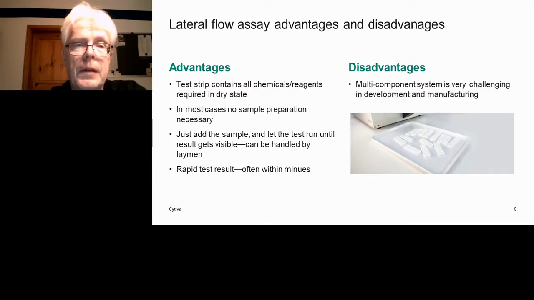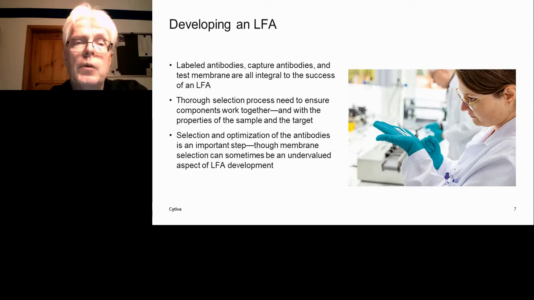When you develop an LFA, labeled antibodies or affimers, aptamers, other binders like streptavidin or neutravidin, capture binders, and the test membrane are all integral to the success of a lateral flow assay. And that means you have to have a thorough selection process, and you must ensure that these components work together.